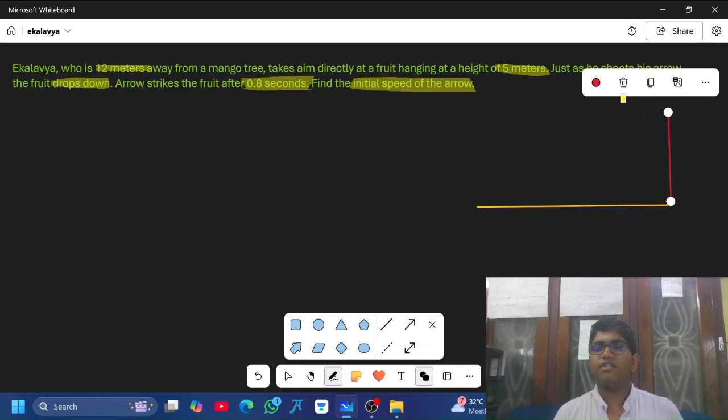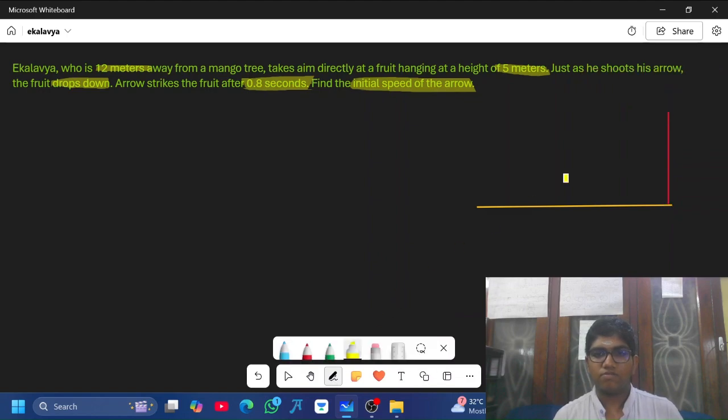We'll give it another color. And there's a person standing here with a bow shooting a fruit. Let's think it's a raw mango fruit, which is at a height of 5 meters from the ground initially.